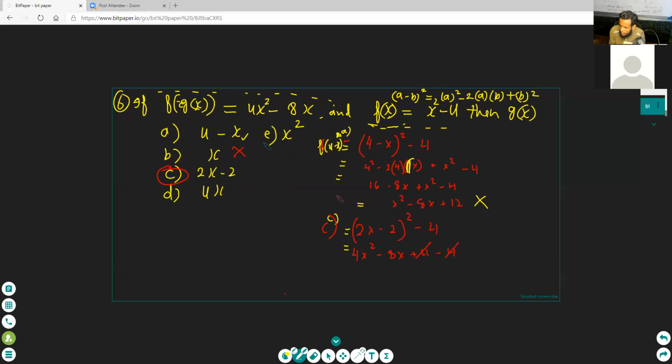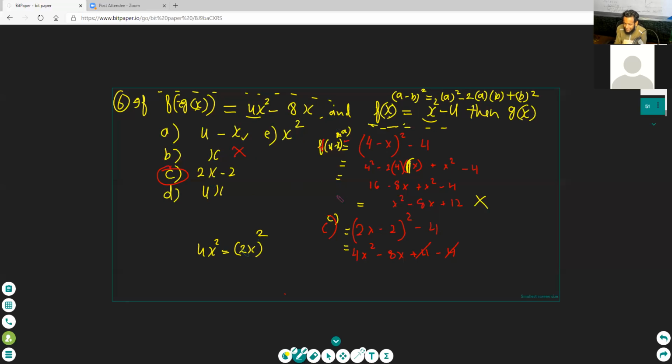I give you other techniques, and you can use this technique to check the options. This is a technique you can use in your SAT math MCQs. See here, here is x square, here is 4x square. 4x square is 2x whole square, clear?